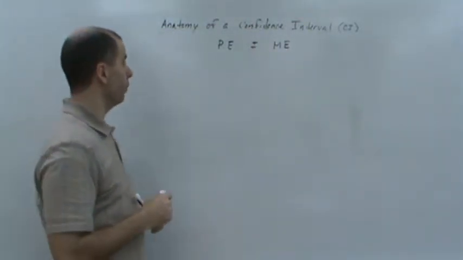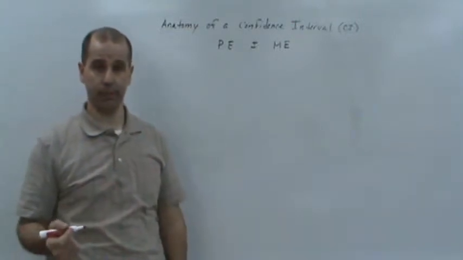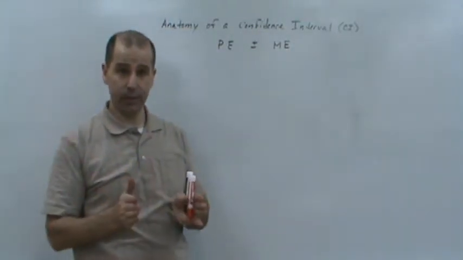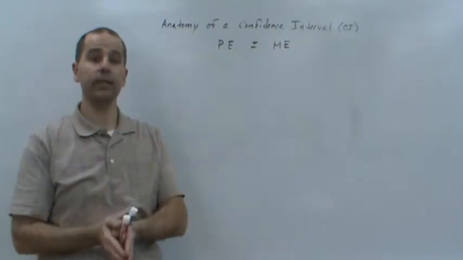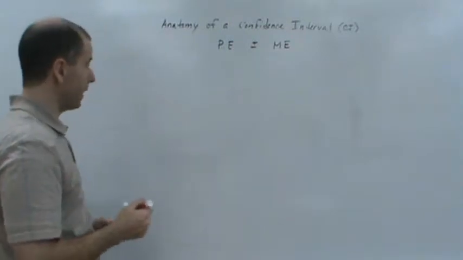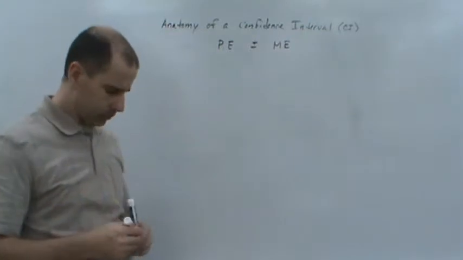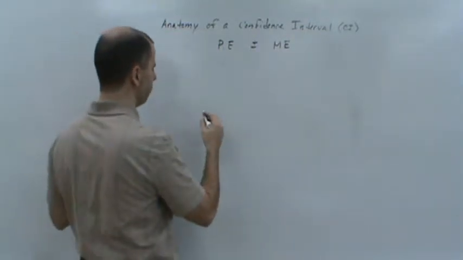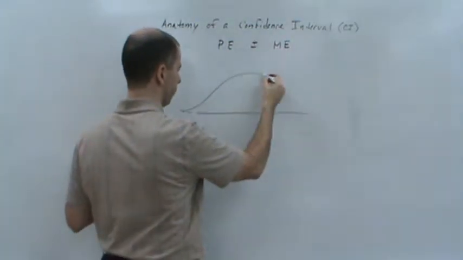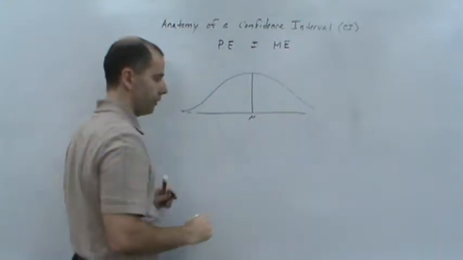You need both of those to construct a confidence interval. So if I wanted a confidence interval, I want to use an estimate. And in the Bootstrap method, we're going to use our estimate in place of mu. So if we have a symmetric and bell-shaped distribution, like normal, we know that the mean of the population is here.